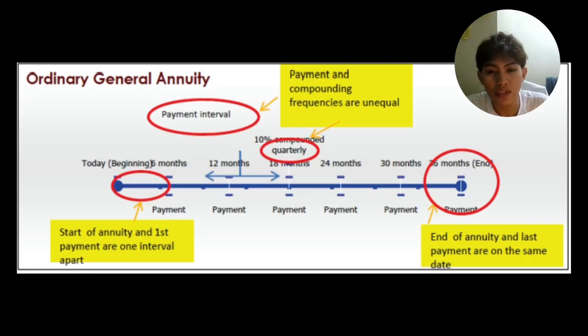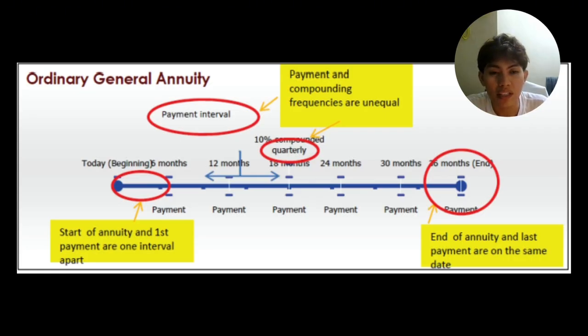Here is the illustration of the ordinary general annuity. We have here the end of annuity and the last payment on the same date, but the start of annuity and the first payment have an interval or a gap. And of course, this is a general annuity.